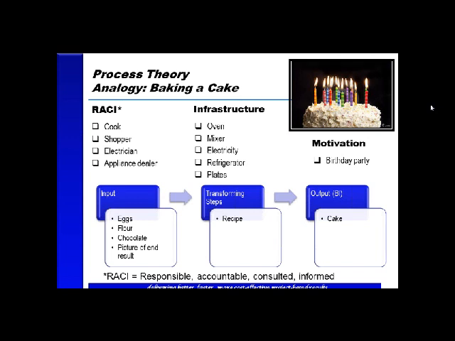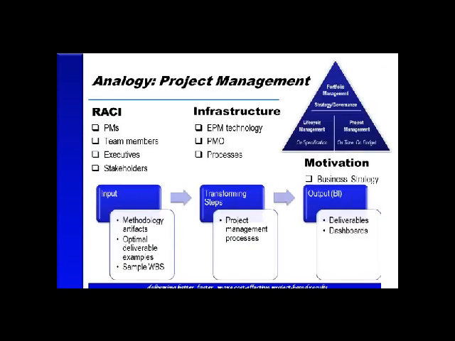So let's take that to the world of project management. If we looked at, for example, the RACI matrix, we would have project managers, team members, executives, and stakeholders. The input, transforming steps, and output would look something like this. On the input side, we would expect to have something like methodology artifacts.